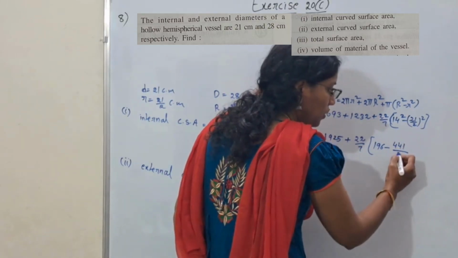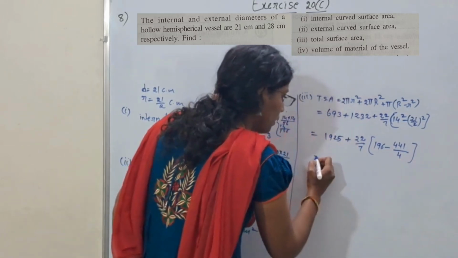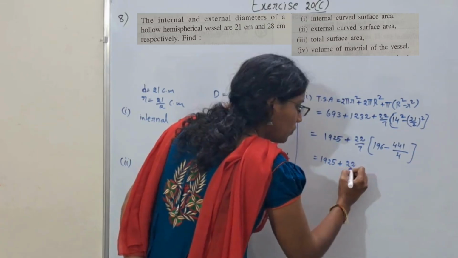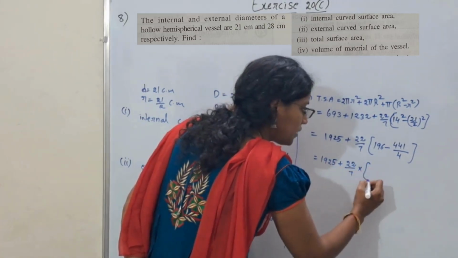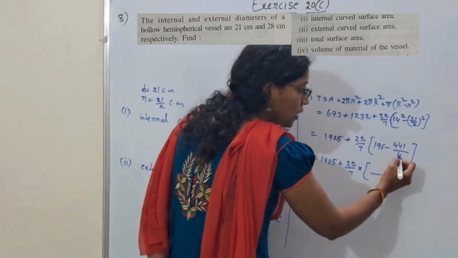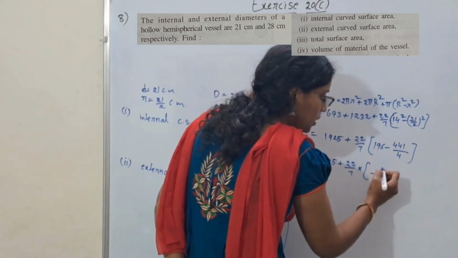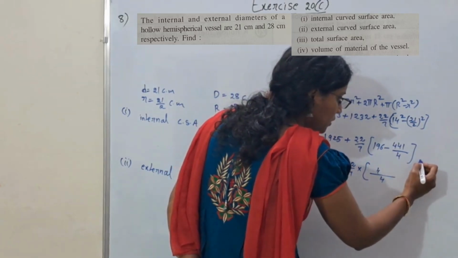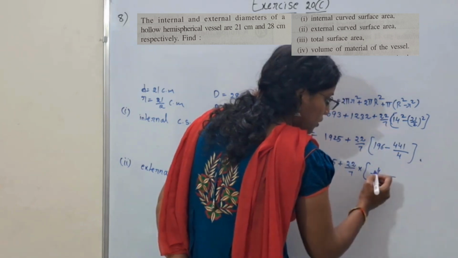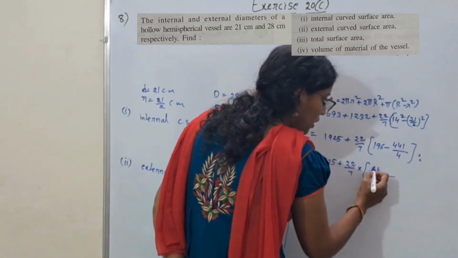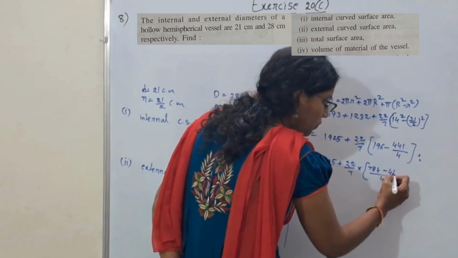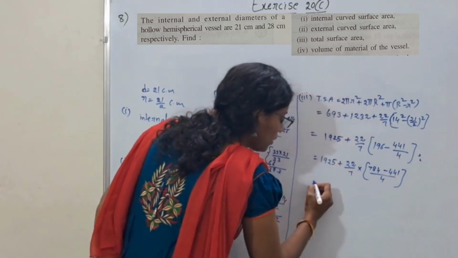441 by 4. 1925 plus 22 by 7 into, LCM we have to take 4. Here 784 minus 441.